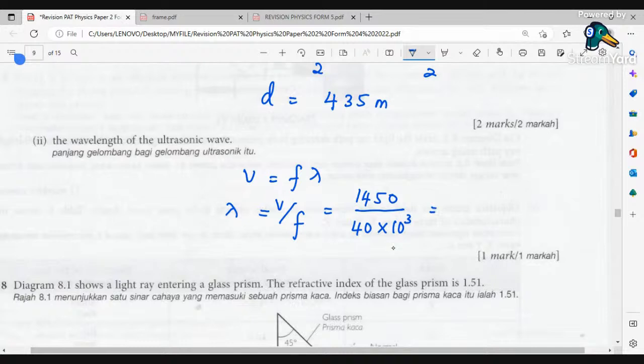Okay, so you get the answer will be roughly 0.0363 meter. So that one is wavelength.